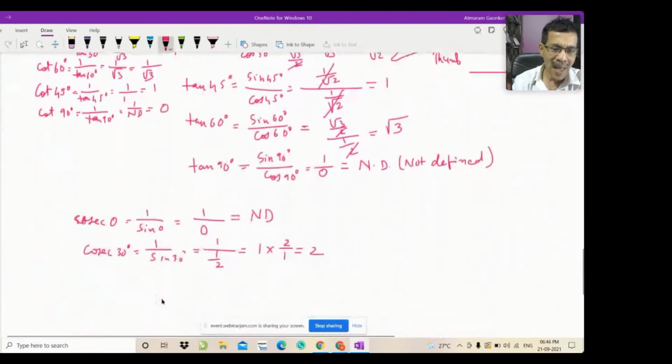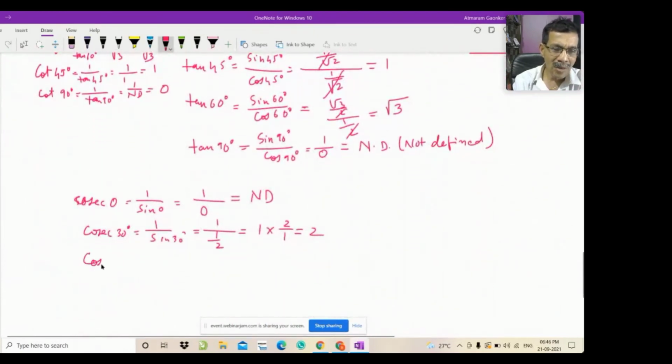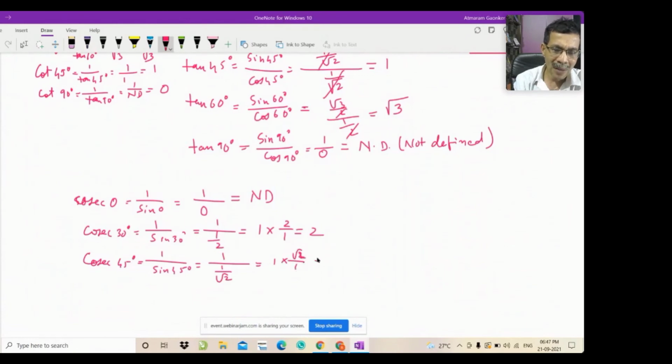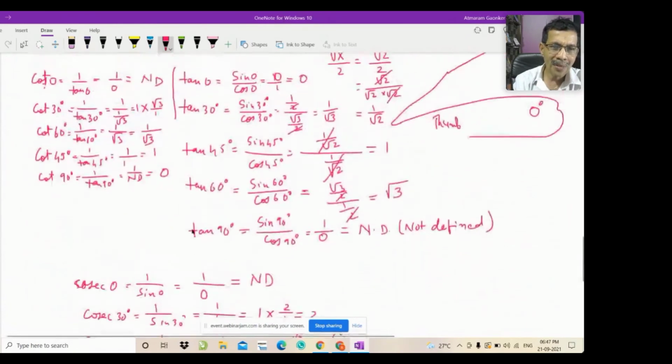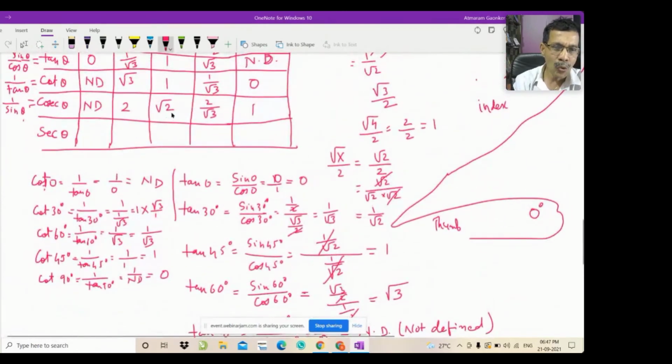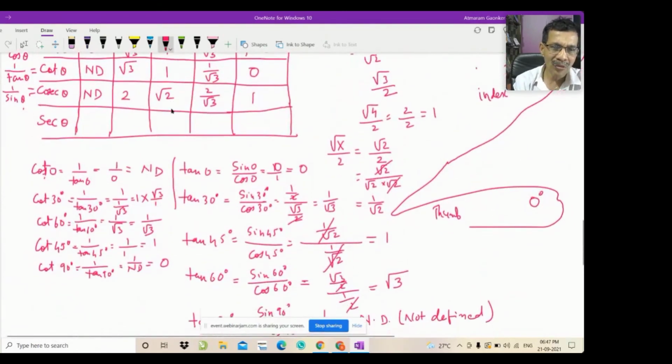And next one is cosec of 45 degrees, which is equal to 1 upon sine of 45 degrees. And sine of 45 degrees is 1 upon root 2. This is 1 into root 2 divided by 1. So it is root 2. And see here, I have written root 2 for cosec of 45 degrees.